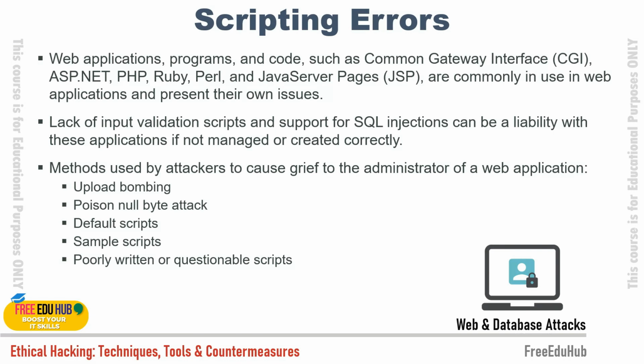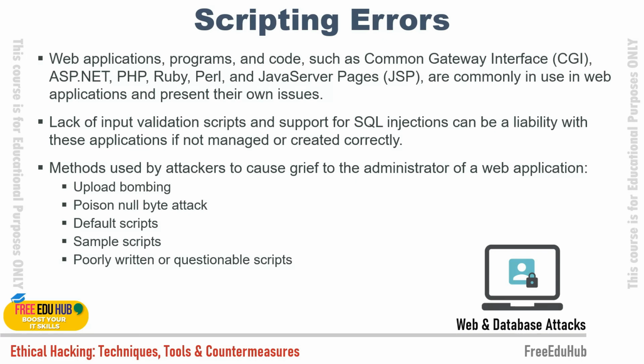A poison null byte attack passes special characters that scripts may not be designed to handle properly, and in such cases the scripts may grant access where it should not otherwise be given to the end users or the attacker who is trying to gain access to that server. Default scripts are uploaded to the servers by web designers who do not know what to do at a fundamental level. An attacker can analyze or exploit the configuration issues with the scripts and then use them to gain unauthorized access to those servers.